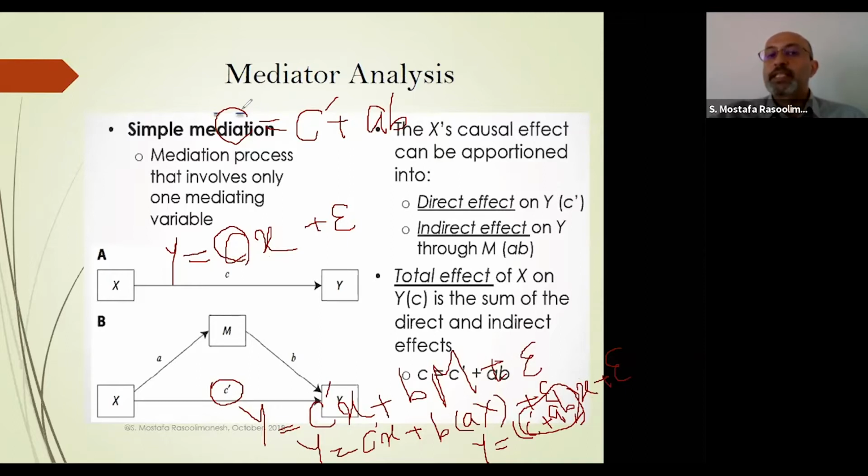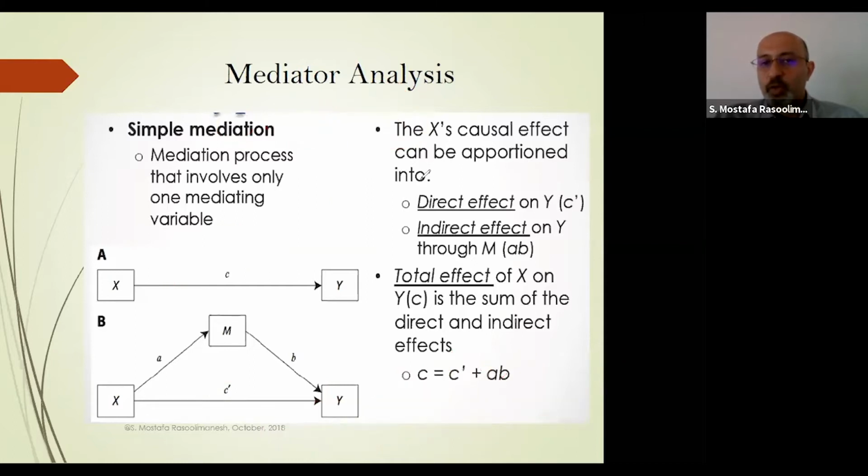We call this C the total effect, C prime the direct effect, and AB, which is a very important term for assessment of the mediator, is the indirect effect. So here we have C equals C prime plus AB.